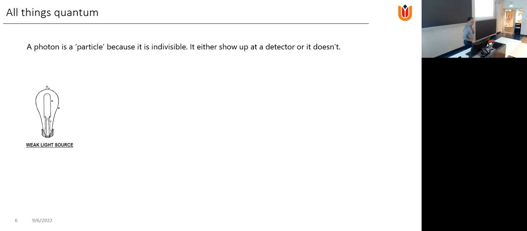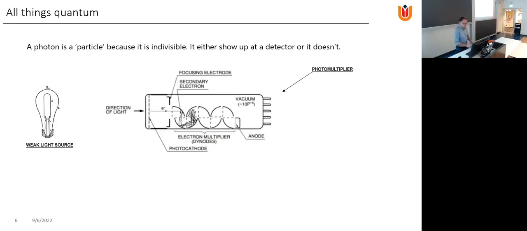at a time. So we direct that light source at an instrument called a photomultiplier, so a detector, which works as follows. The photon is incident on the photocathode and makes a free electron in the photocathode.